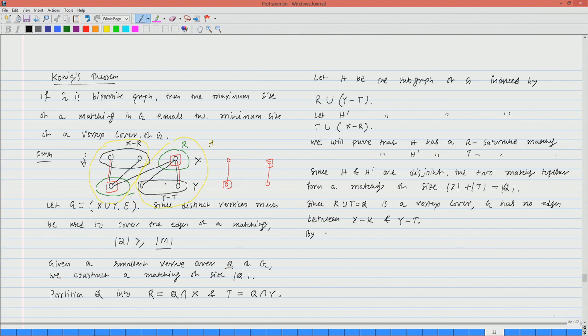So, by Hall's theorem, H has an R saturated matching if and only if the size of S is less than or equal to the size of the neighbor of S in H, for all S subset of R. So, this must be true.